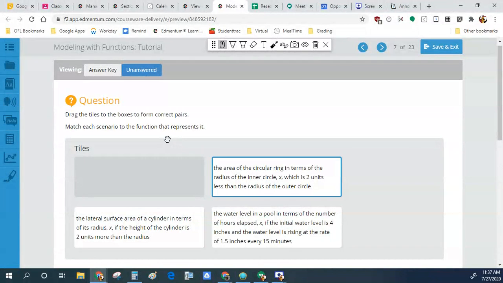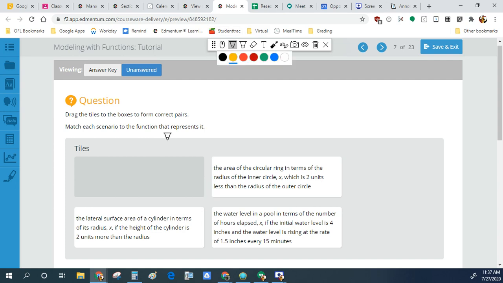All right. So now we're going to do the area of the circular ring in terms of the inner circle, which has 2 units less than the radius of the outer circle. So this is really hard to understand. Basically, it's saying we have 2 circles here, right?